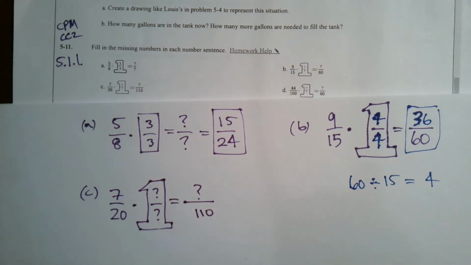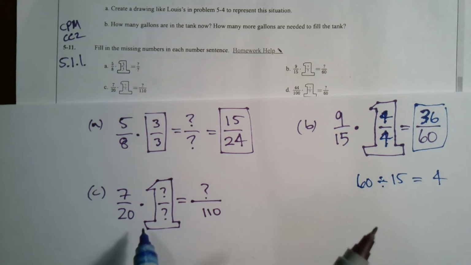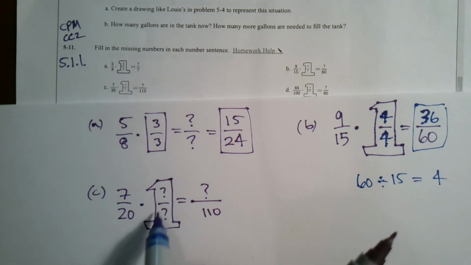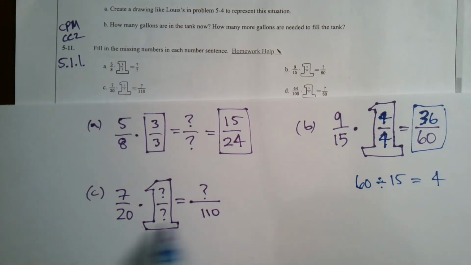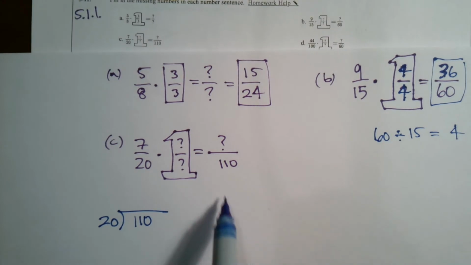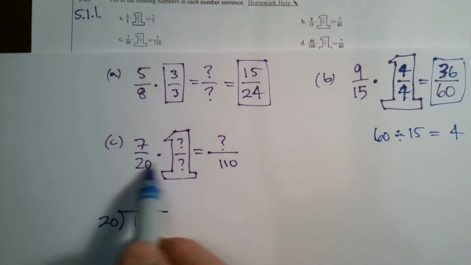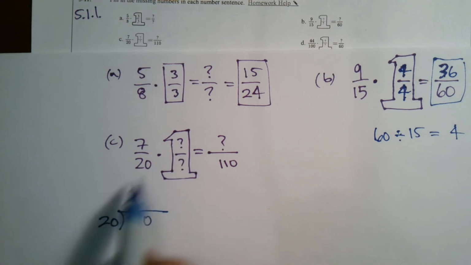So again, we have the same situation where I need to find what multiplies times 20 to get 110. The inverse of multiplication is division. So I need to figure out what 110 divided by 20 is. That's going to tell me what my multiplying number would be.